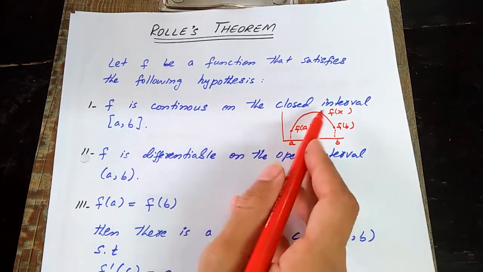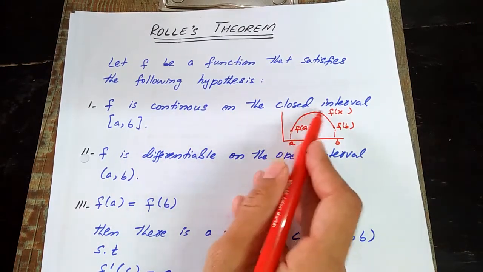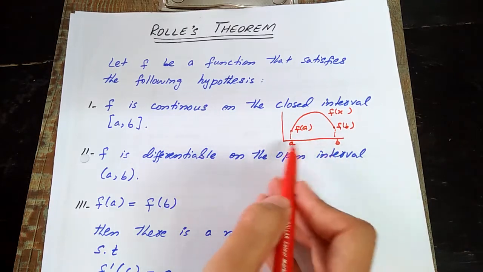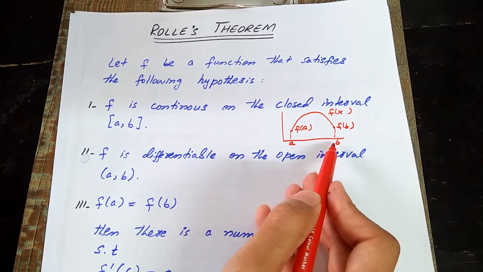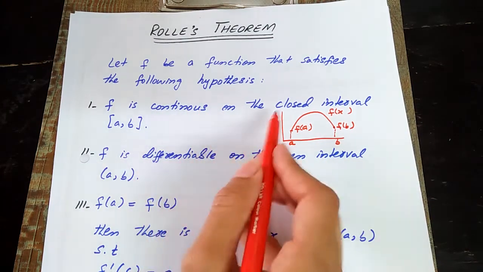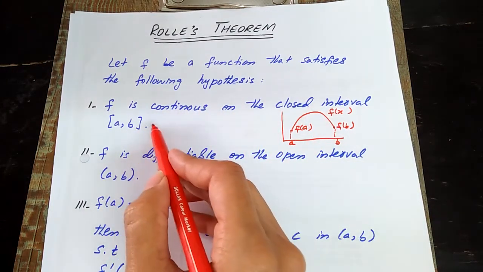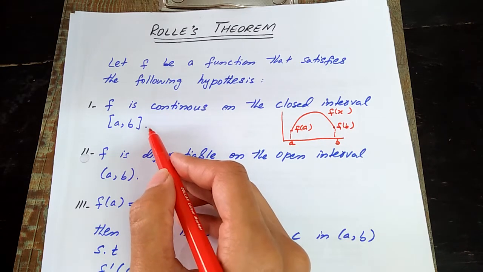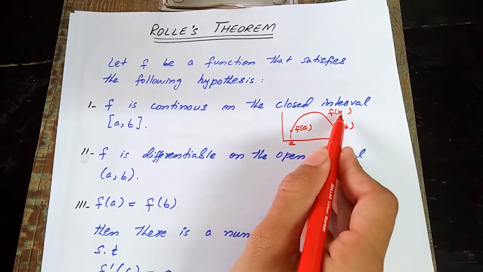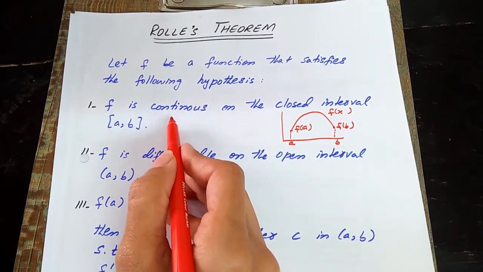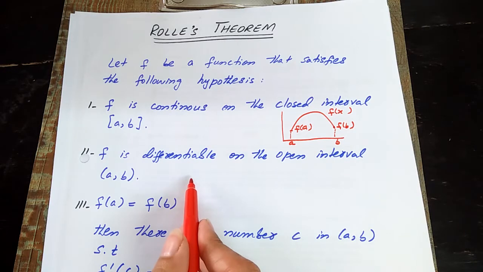It means that f must not have any undefined value between these two points of the interval, and also including these points of the interval. There is no discontinuity or undefined term when we use all the values of this interval in this function f of x. If this postulate is satisfied, then we will move on to the second postulate.